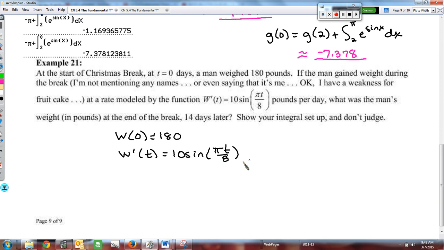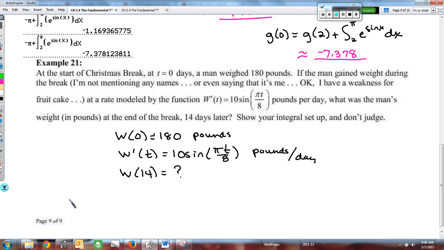Pounds per day. All right, units are going to be important too, as we are dealing with free response questions. We might want to pay attention to what our units are. And we want to know what was the man's weight at the end of the break 14 days later. W of 14 equals what?